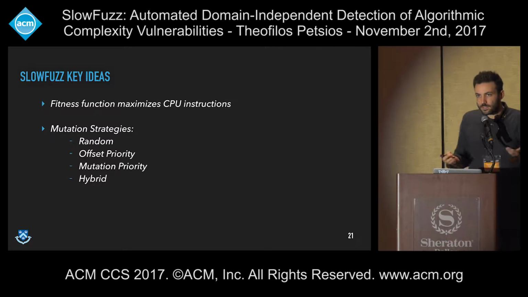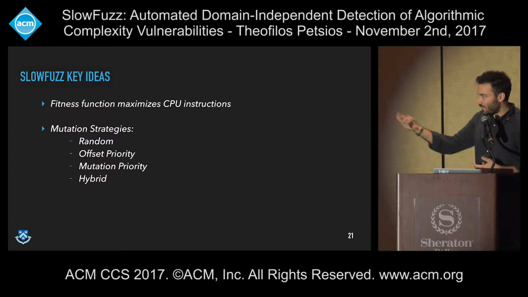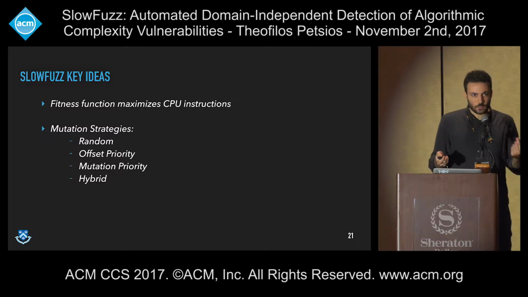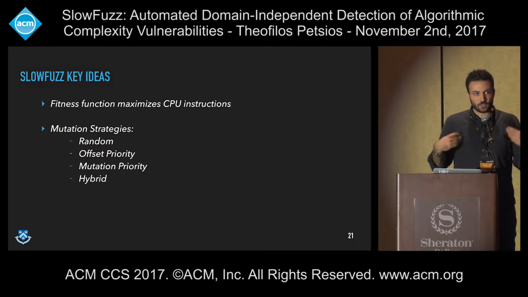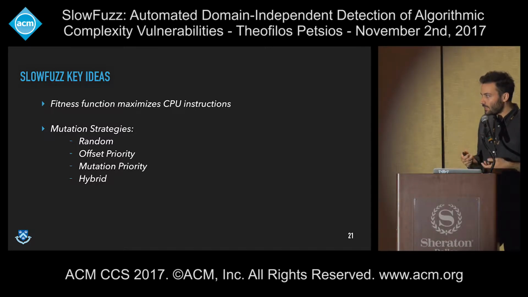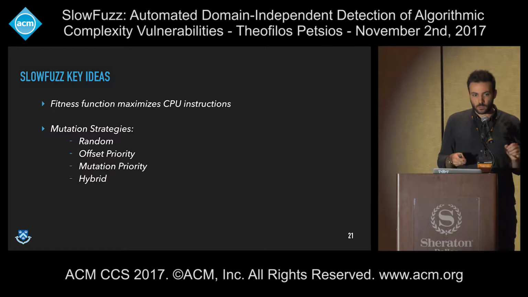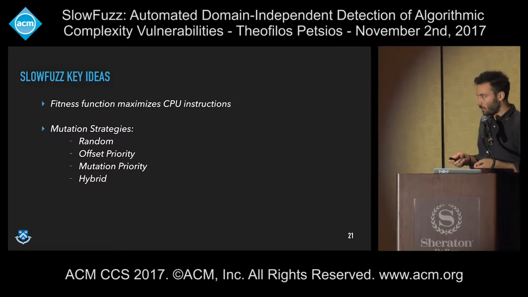We picked a very simple function that maximizes the CPU instructions, and we designed different mutation strategies to preserve that locality. In the traditional scenario, you have a set of mutation operators to modify your inputs, and then you pick one of your mutations at random. In our case, we don't really want to do that because we want to have this locality property.